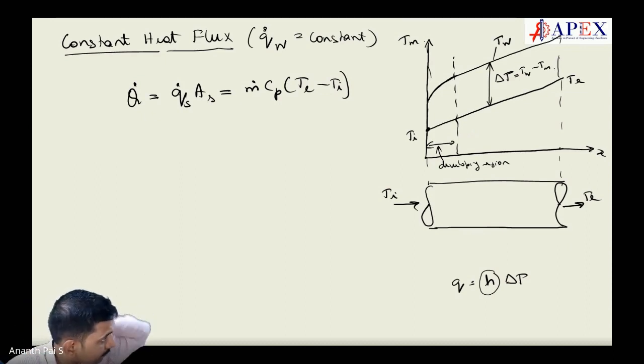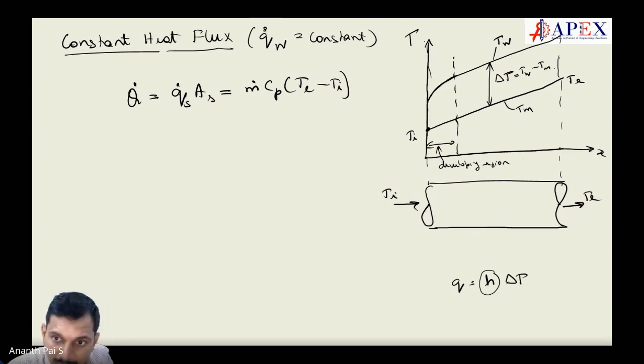Make sense? This is the T mean which is going. I'll write, instead of T mean, this is T, temperature. This is the T wall. This is the T mean variation. T mean varies from Ti at the inlet to Te at the exit. Make sense?